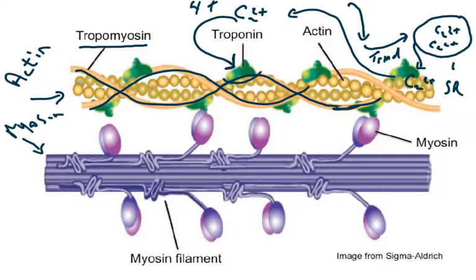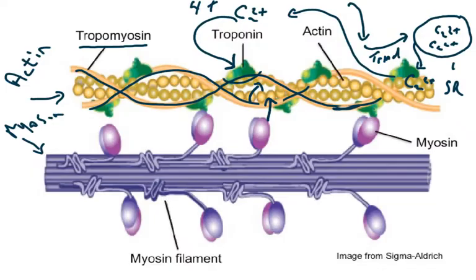It causes a conformational change which moves the tropomyosin out of the way, allowing the myosin head to bind directly to the actin. And this is how we get into the cross bridge formation, which is the first step in the sliding filament theory.